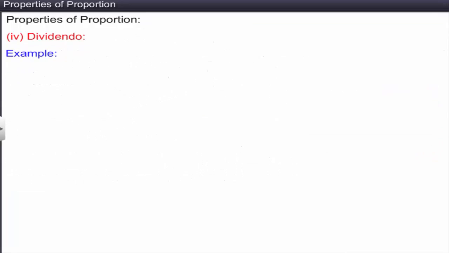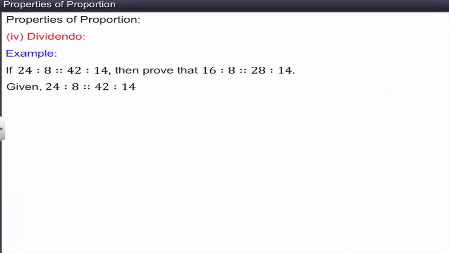Let's look at an example based on this property. If 24 is to 8 is as 42 is to 14, then prove that 16 is to 8 is as 28 is to 14. Given that 24 is to 8 is as 42 is to 14. This can be written as shown here.